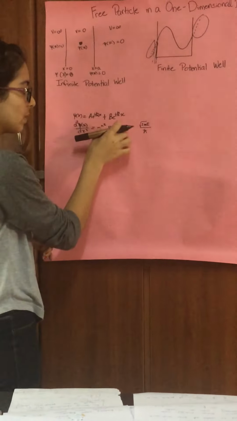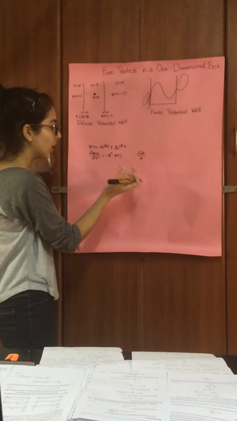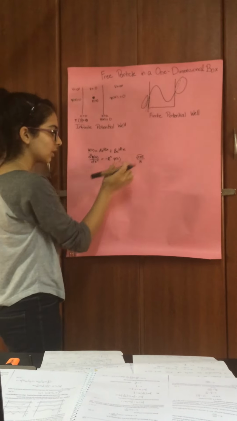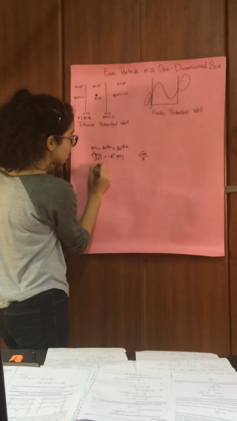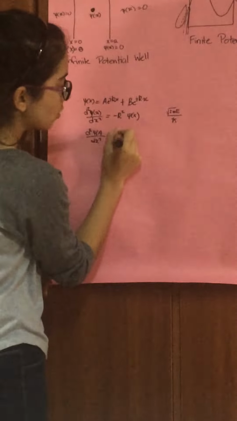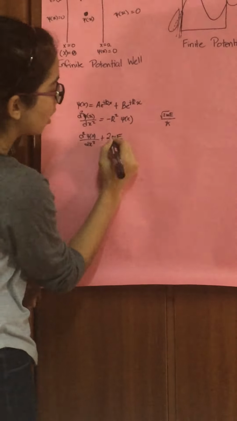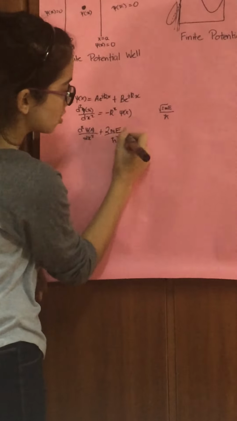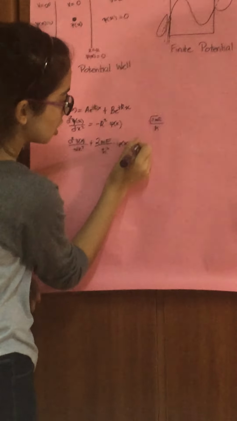So we move this over here and put the value of k inside. So we get d squared phi of x by dx squared plus 2mE, since it was k squared, divided by h cross squared, times phi of x, which equals 0.